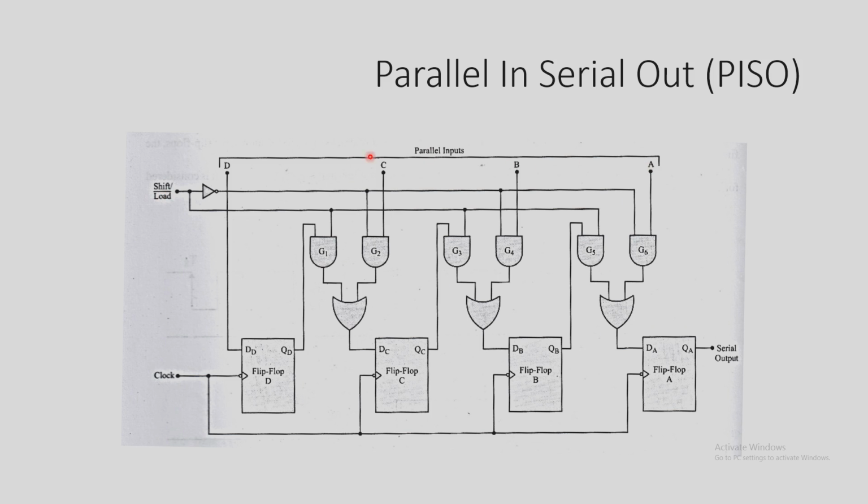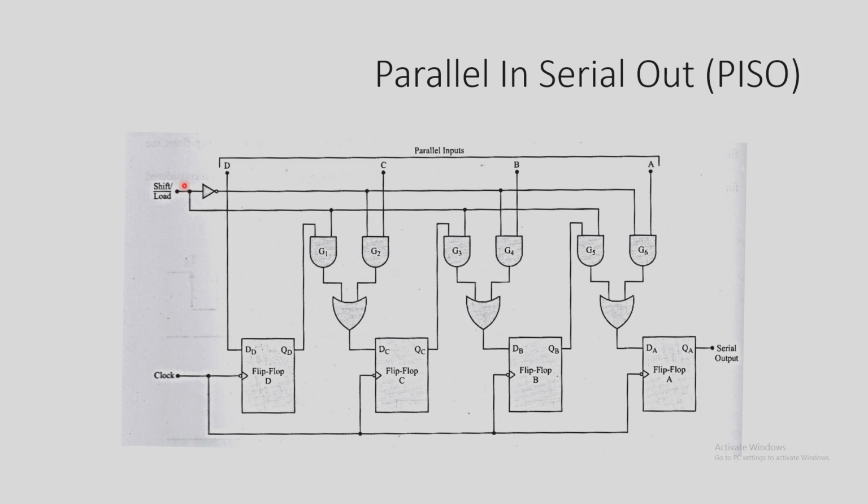So when you are to feed input, you put 0 here. While loading, while inputting the signal, you put 0 here. The data provided on terminals A, B, C and D will be provided to FFA, FFB, FFC, FFD. But if this is 1, then the connection will be like this, so it will act as a shift register.